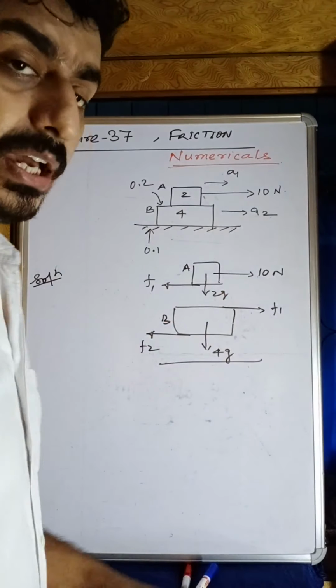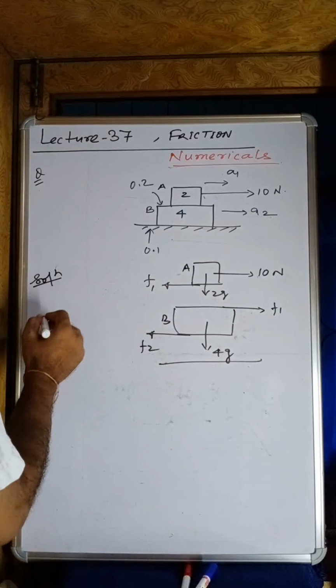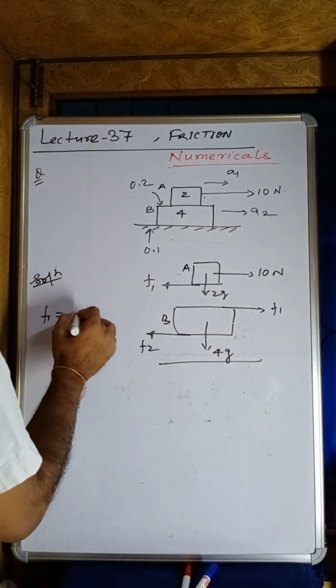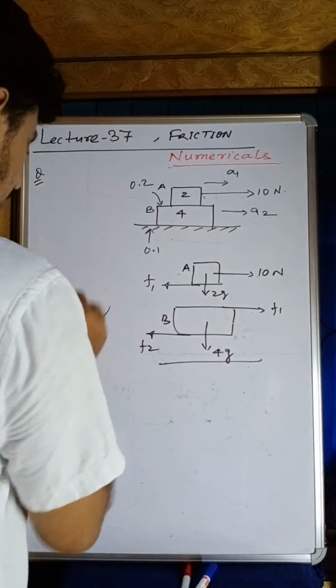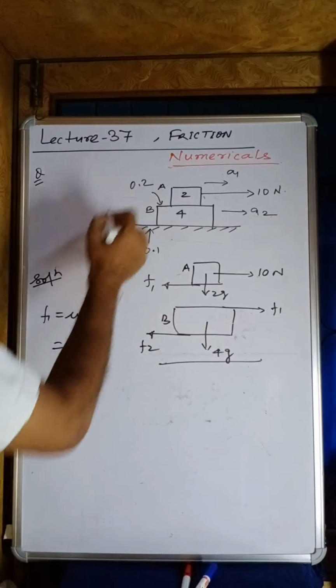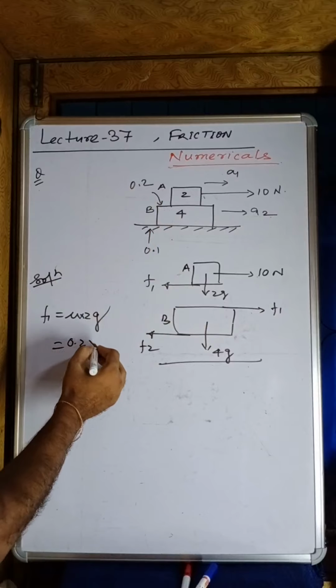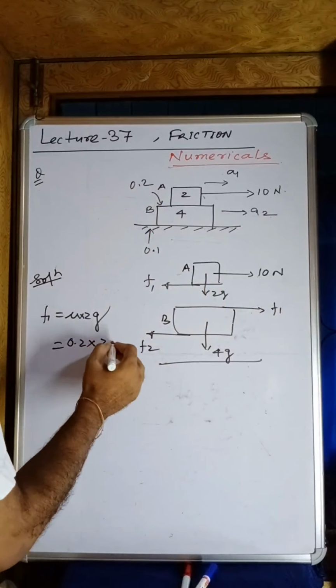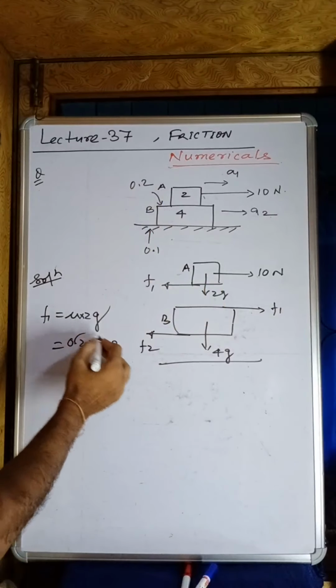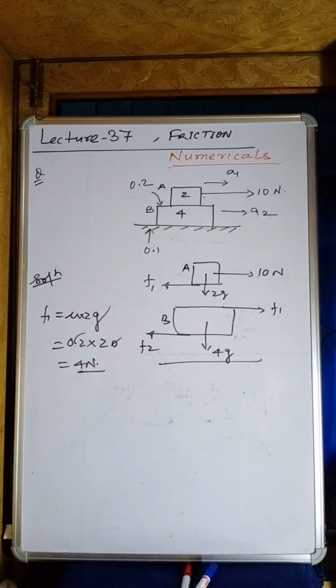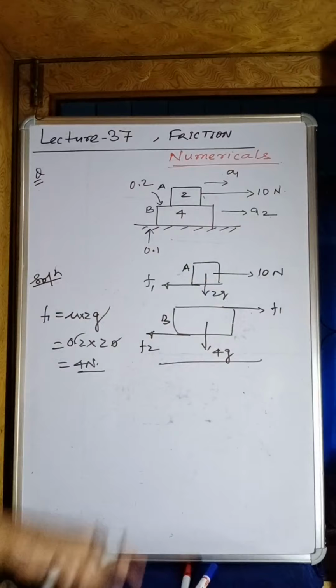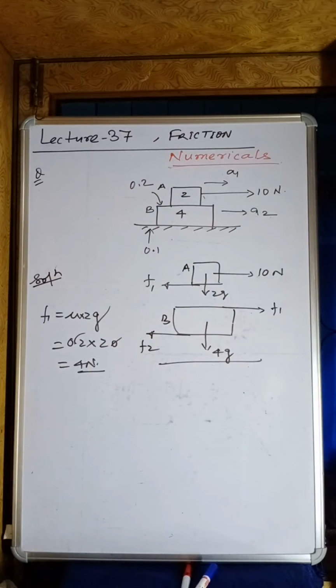So we have to find F1 first, and F1 is nothing but mu times m g. It is 2 times g. Mu how much? It is 0.2. m g, that is 2 into 10, so F1 is 4 Newton. Of course, this 4 Newton is less than 10 Newton. It means block A will move.